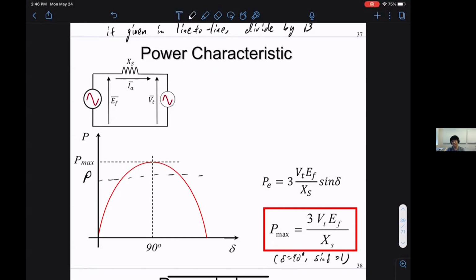Then this crosses my curve at 2 points. Which point should I operate on? Let's say the grid requires some power less than P max. Now it seems I have a choice. There are 2 angles I can pick that will deliver the same active power to the grid. Which one do I pick?